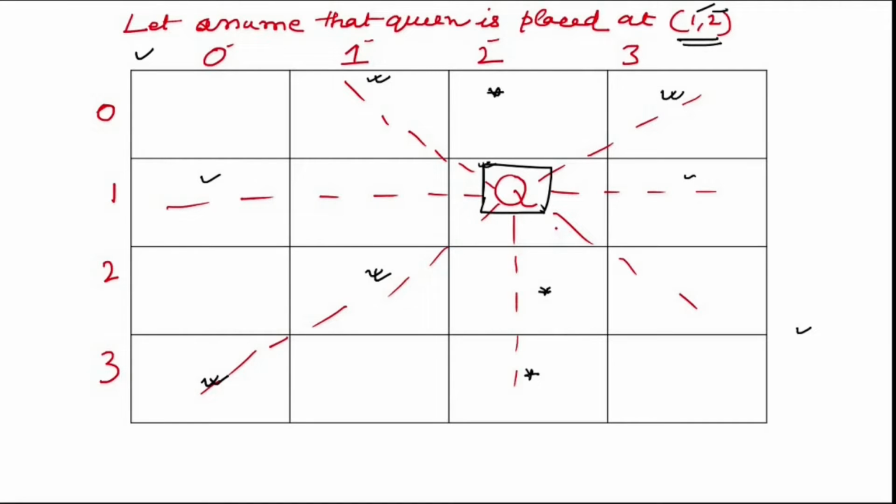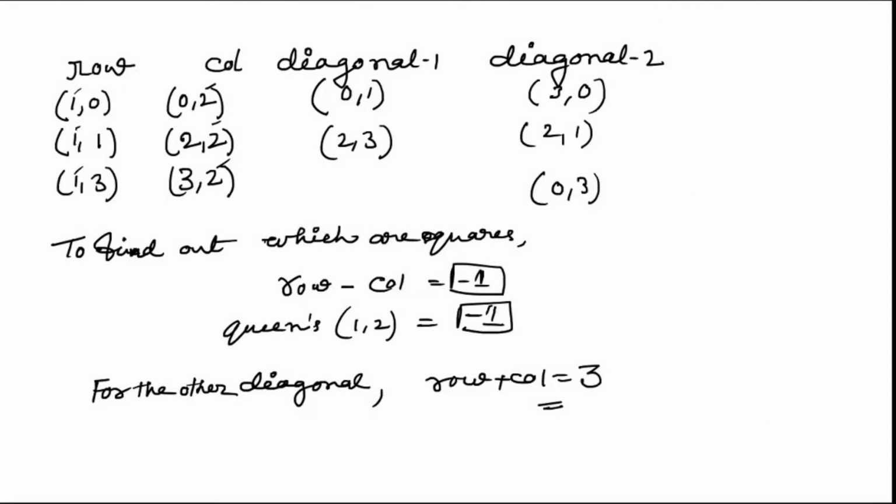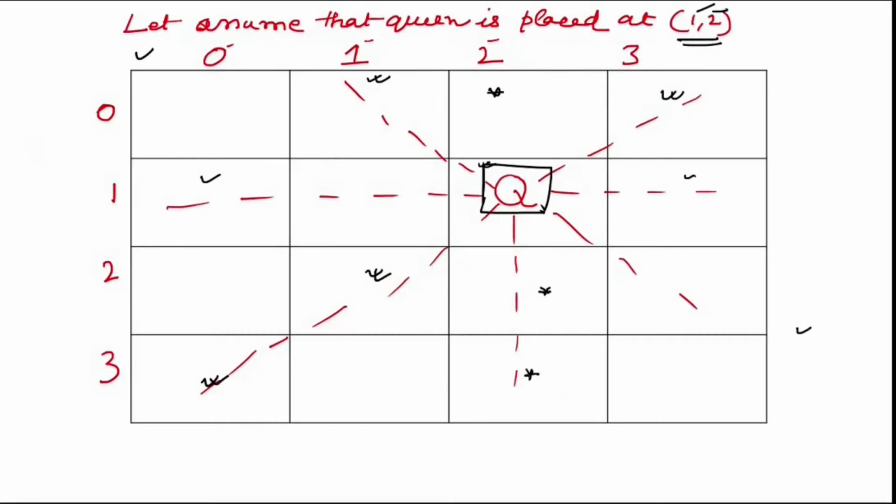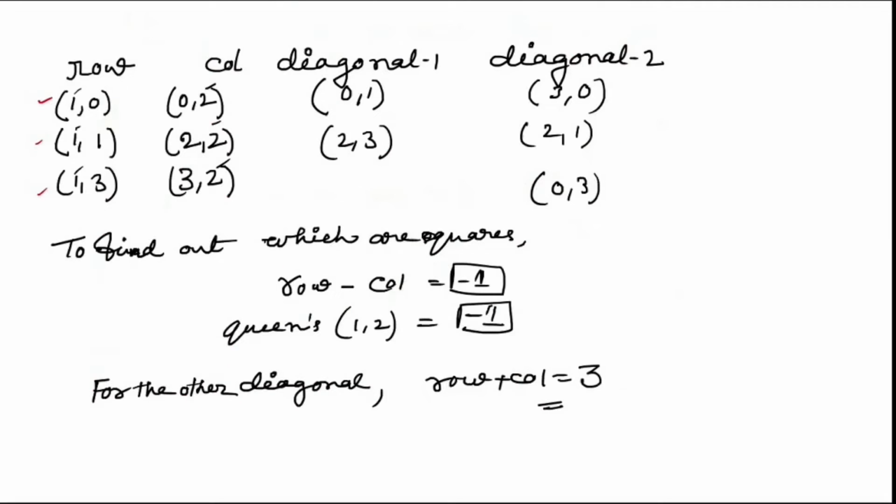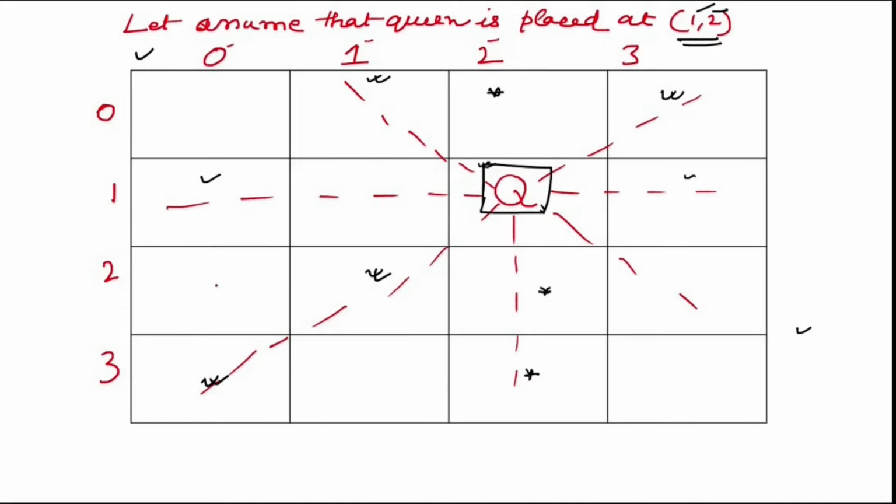If you see minutely, row 1: squares (1, 0), (1, 1), (1, 3). If existing queens are already at these row-column indexes, they will be under attack. That means if a queen is at (1, 0), row 1 and 0th column, it will be under attack.